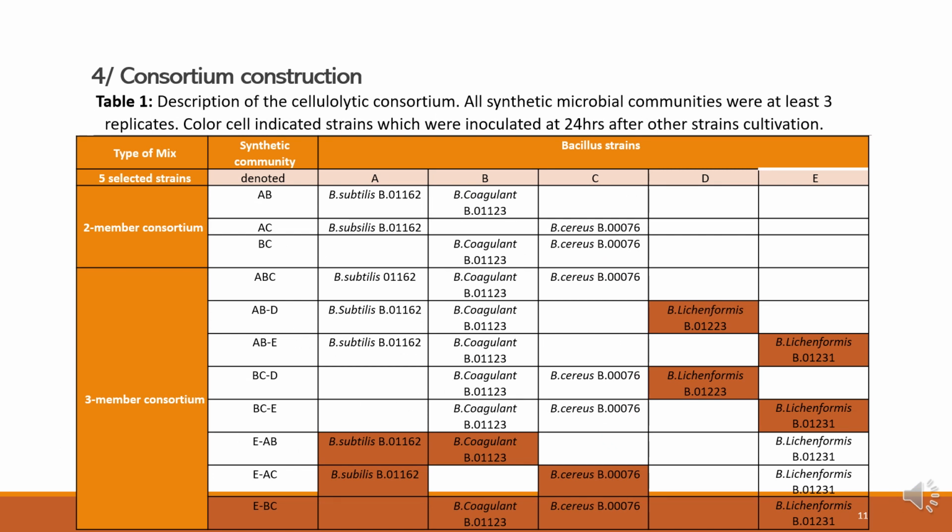According to the screening experiment, 5 strains of different Bacillus species were selected for the construction of 11 different consortia. As you can see in the table below, the colored cell indicates strains which were inoculated 24 hours after all the other strain cultivations.